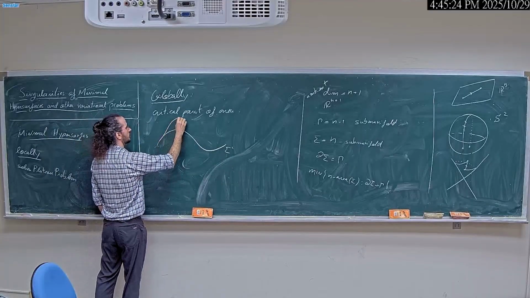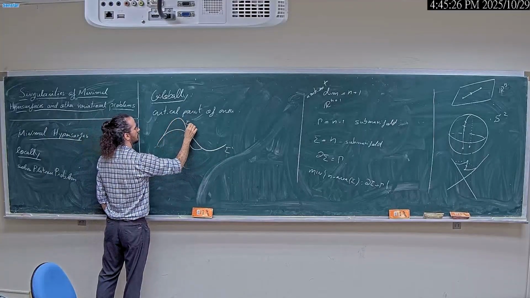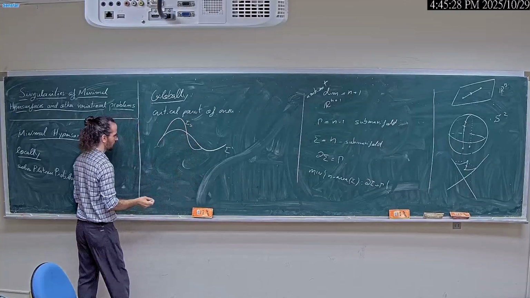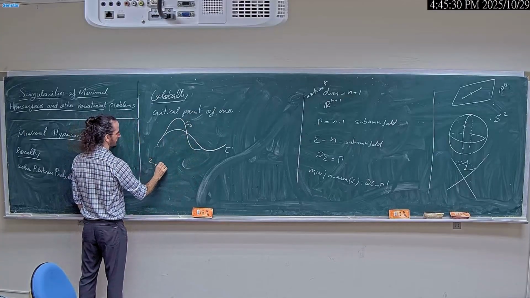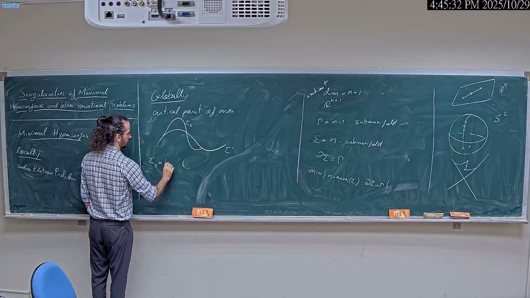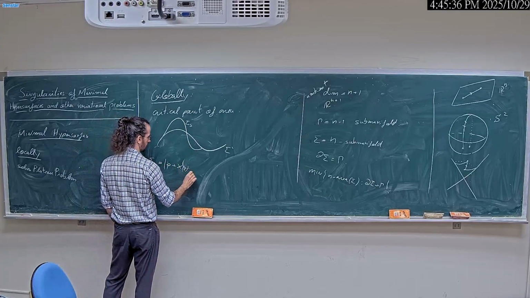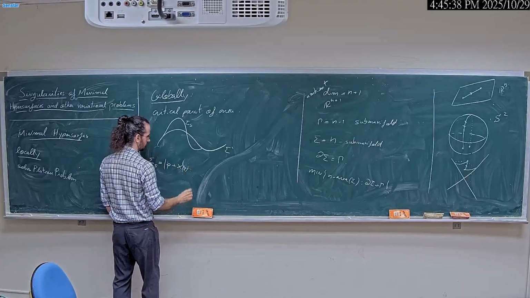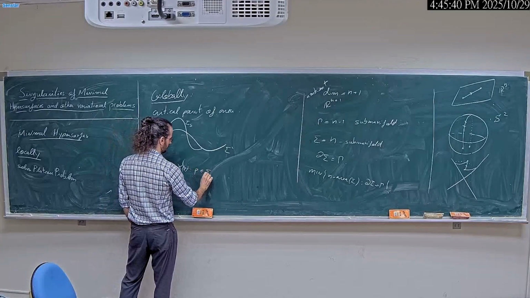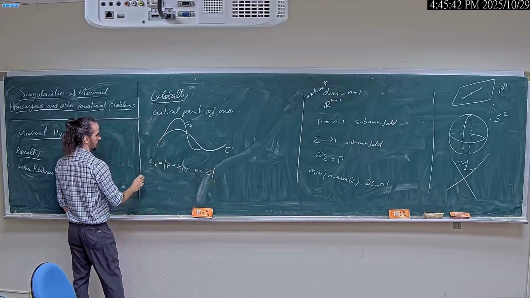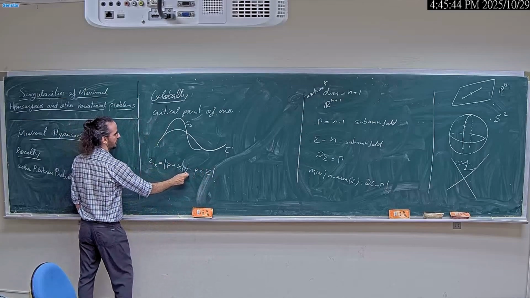And then you perturb Sigma to Sigma_s. So in general, Sigma_s is just p plus a vector.